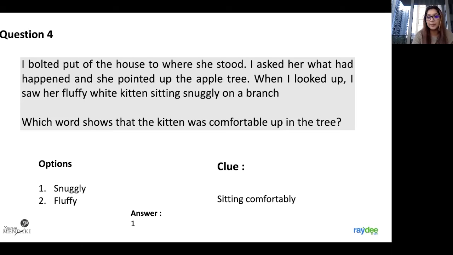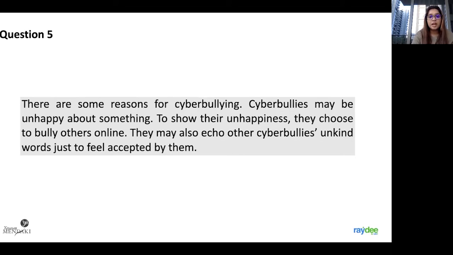The word snugly, okay? Now, following that, the next extract: there are some reasons for cyberbullying. Cyberbullies may be unhappy about something, and to show their unhappiness, they choose to bully others online. They may also echo other cyberbullies' unkind words just to feel accepted by them.